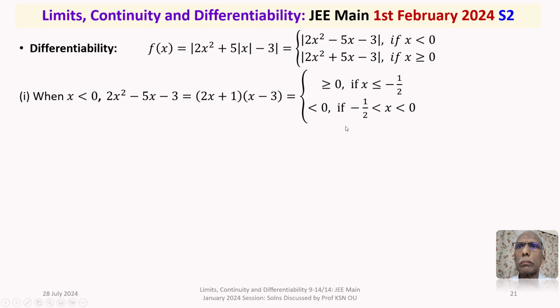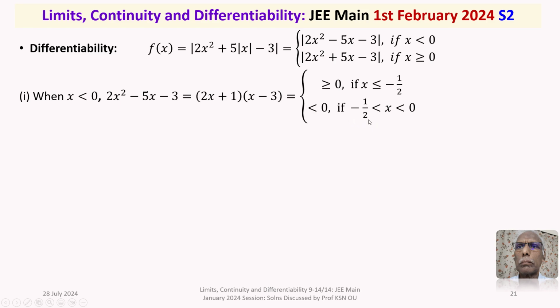Right, what happens? What happens when, and mind you, x is less than 0. X less than 0 means what is left over? Minus half less than x less than 0, because up to 0 only. So in that case it is negative. Why is it negative?